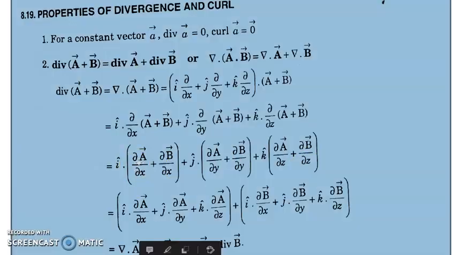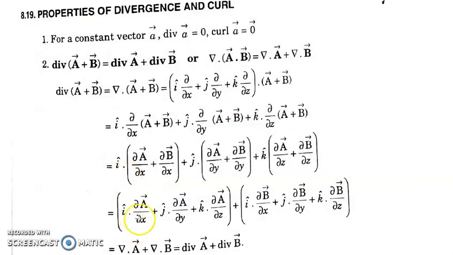Now this can be written as i dot dou A by dou x plus i dot dou B by dou x. Then here you will get j dot dou A by dou y plus j dot dou B by dou y. Then k dot dou A by dou z plus k dot dou B by dou z.